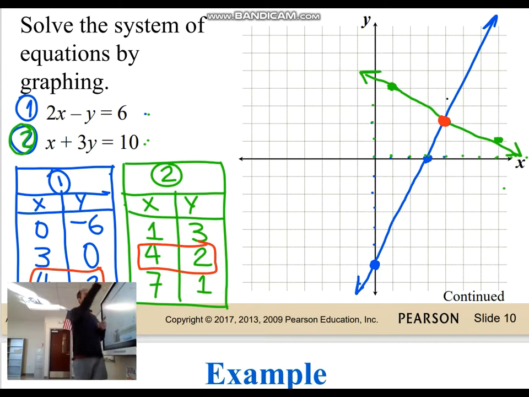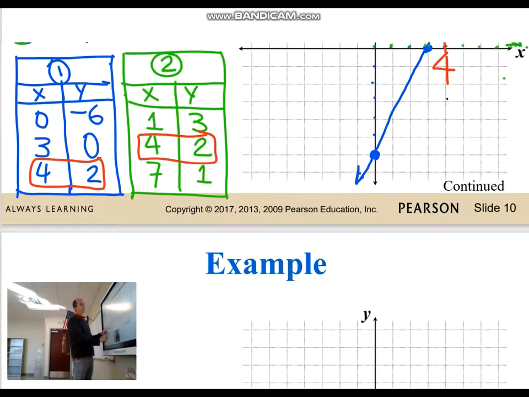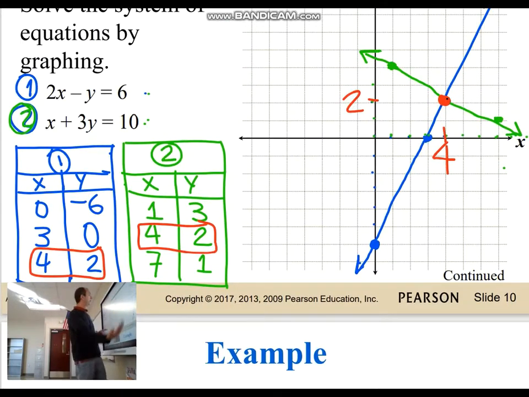We draw the graphs, find the point where they intersect, and then find the coordinates of the point: x equals 4, y equals 2. After you identify the coordinates, it's very important to be sure this is the right answer, so you plug into the equations and check that it produces a true statement for both equations.